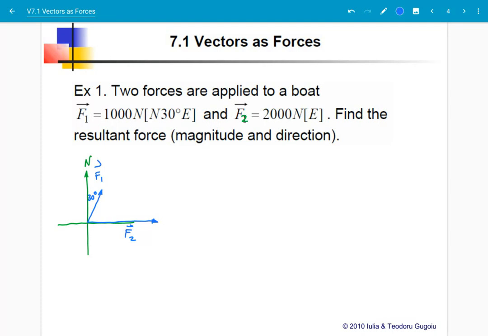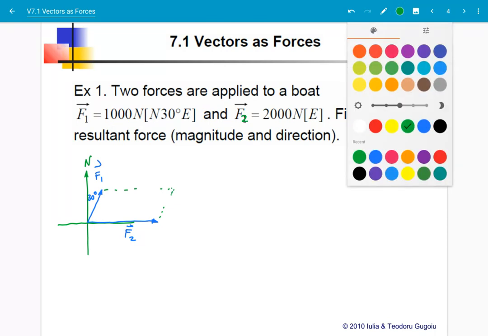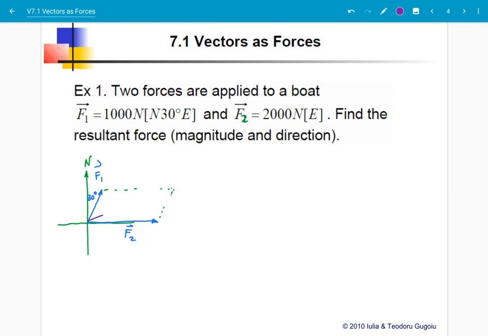Find the resultant force. Well, because I've drawn this all starting from the center there, it's easiest to treat them as using the parallelogram rule for vector addition, I guess. Meaning our resultant goes diagonally like that. There's our vector. Now, let's see, what do we need to do?